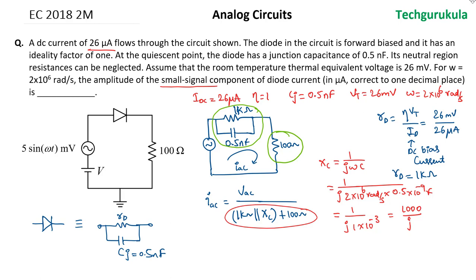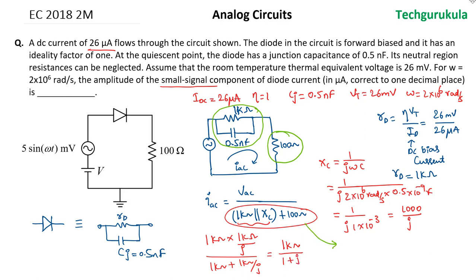Now let's see what is this value, that is 1 kilo ohm times XC, is 1 kilo ohm divided by j, divided by 1 kilo ohm plus 1 kilo ohm over j. This will be equal to 1 kilo ohm divided by 1 plus j.